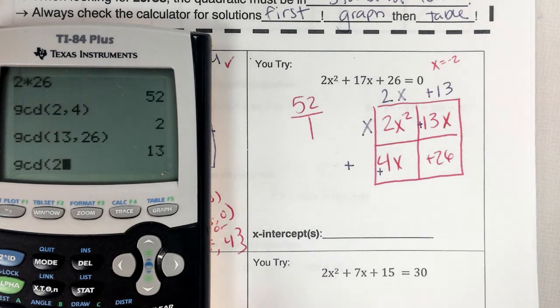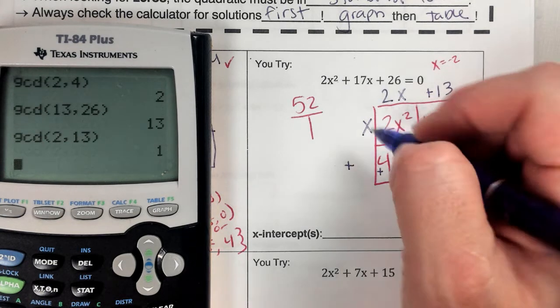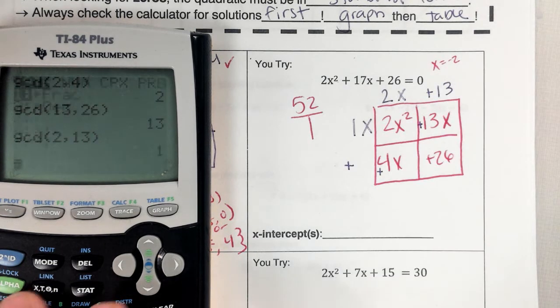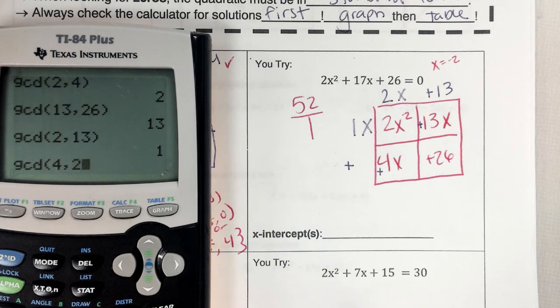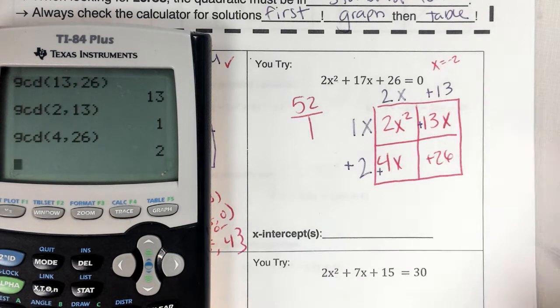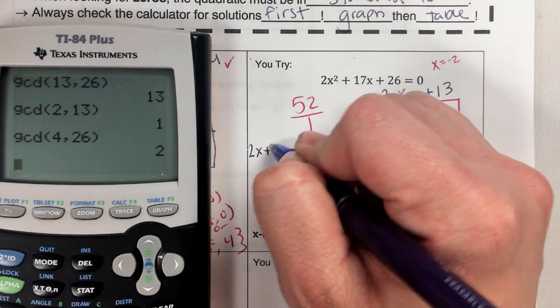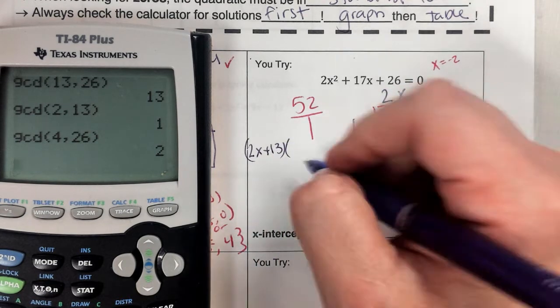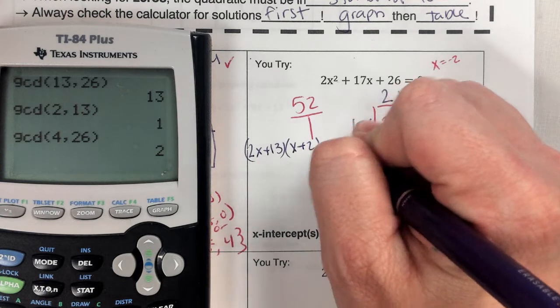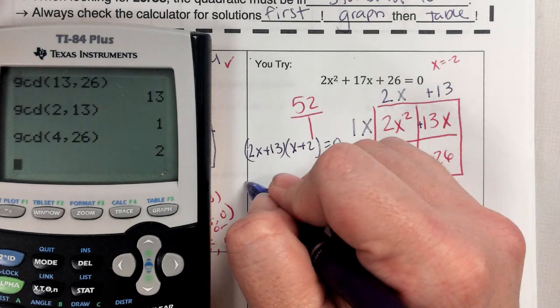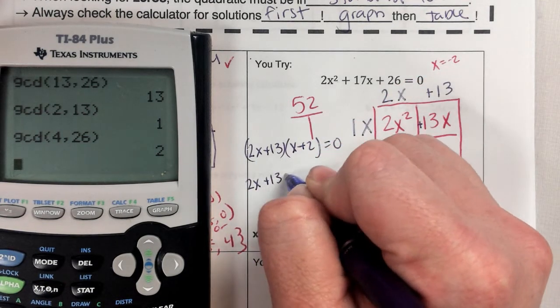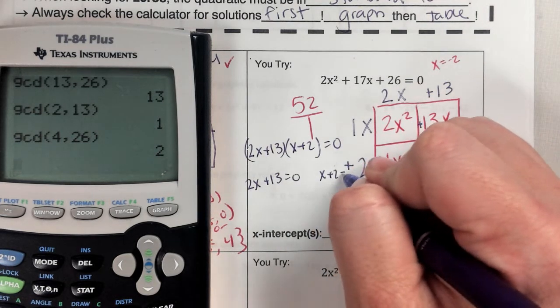Math right, 9, 2, 13. So that's 1. Math right, 9, 4, 26. So that's 2. So I have 2x plus 13, x plus 2 equals 0. And I'm going to set them both equal to 0. So 2x plus 13 equals 0, x plus 2 equals 0.